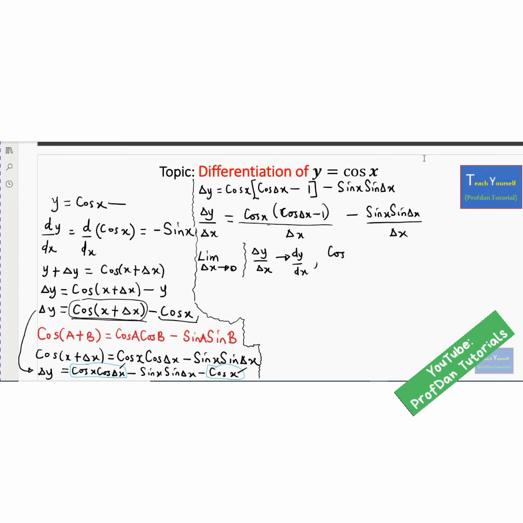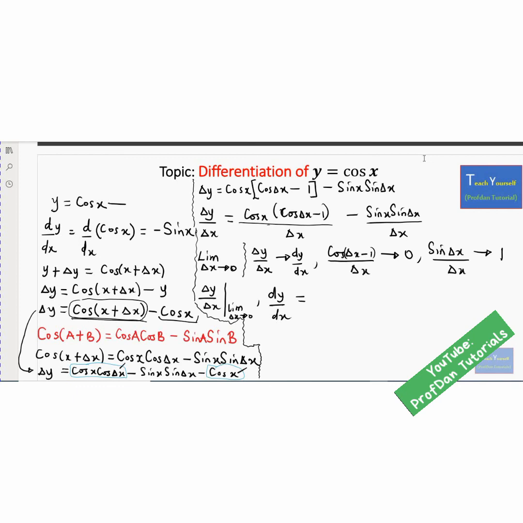You also remember that cos delta x minus 1 over delta x tends to 0, and sine delta x over delta x tends to 1. So remembering all the standards, delta y over delta x, as delta x tends to 0, will become dy dx.